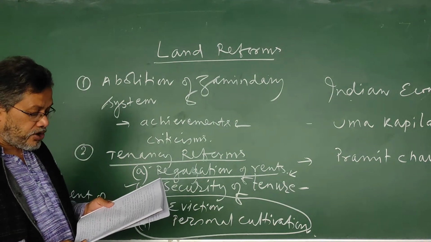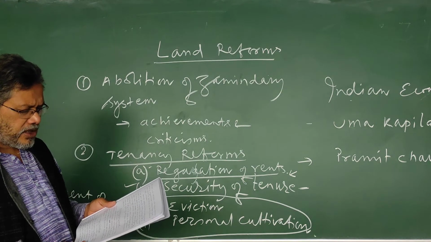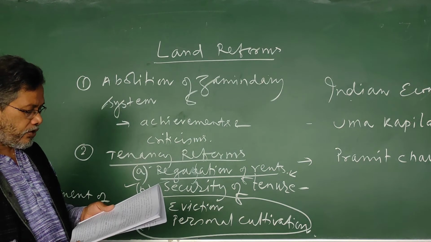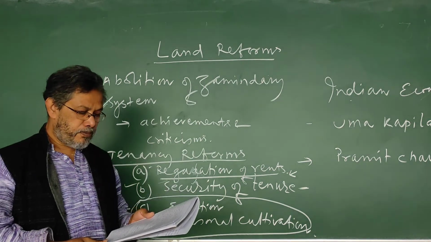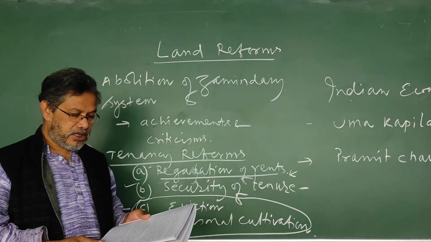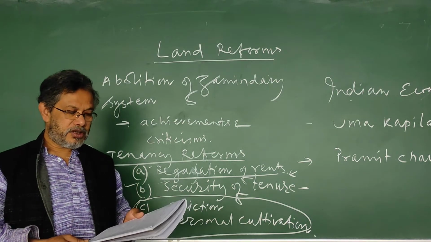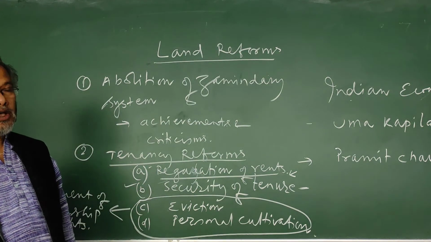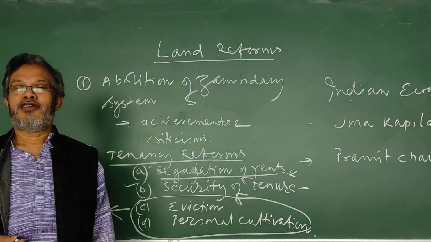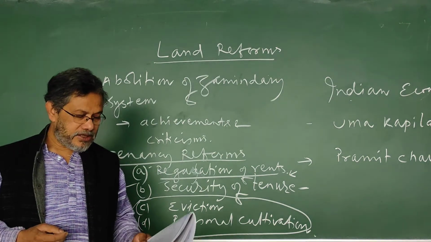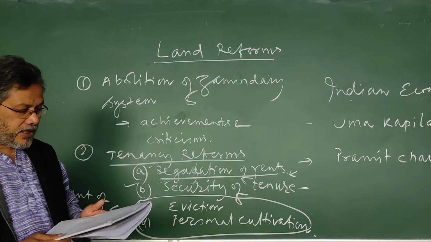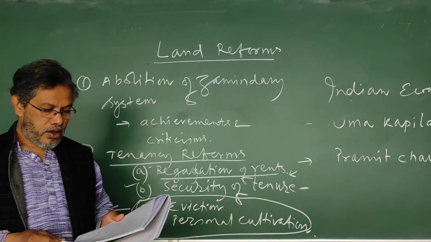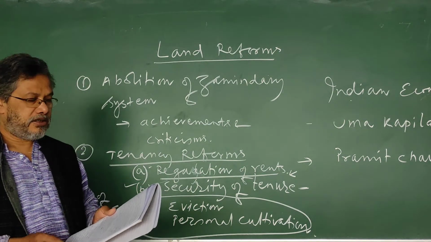According to the Planning Commission's estimates, about 3 million tenants and sharecroppers have been able to acquire ownership of more than 7 million acres of land under this provision. There is conferment of ownership rights, meaning some sharecroppers and tenants have been given ownership rights on the lands, almost 3 million of them, and around 7 million acres of land.